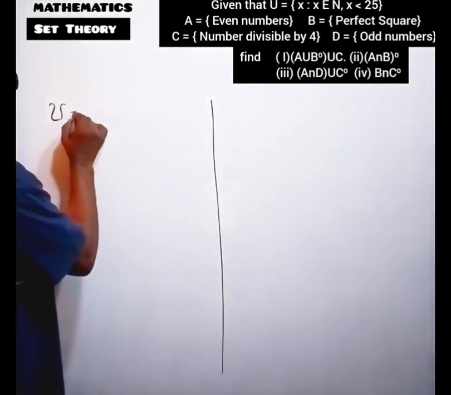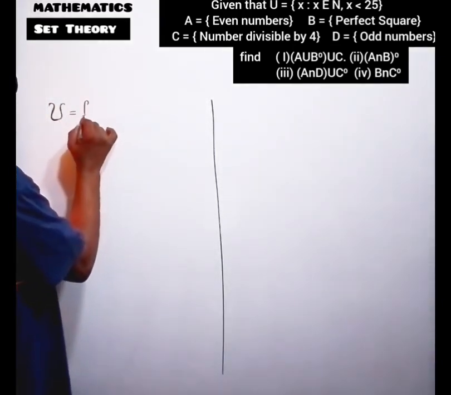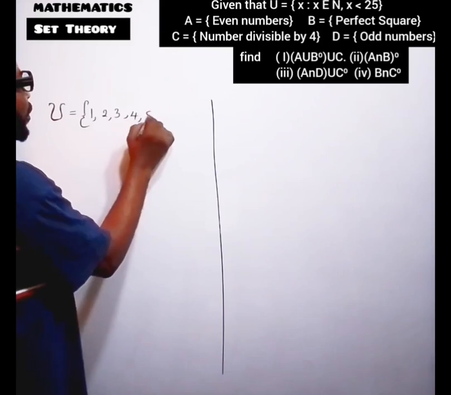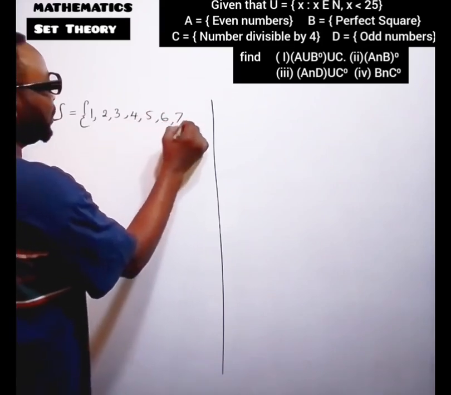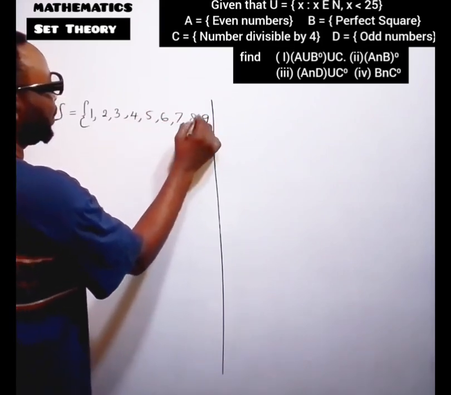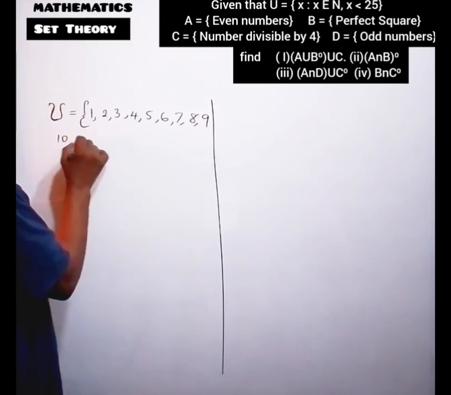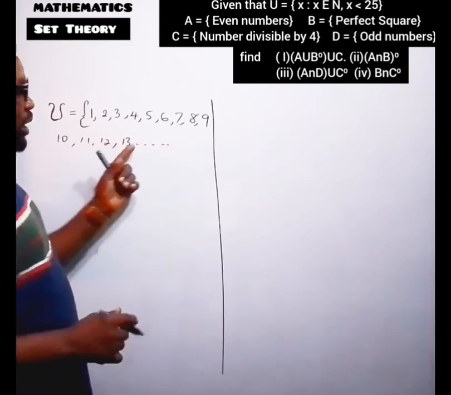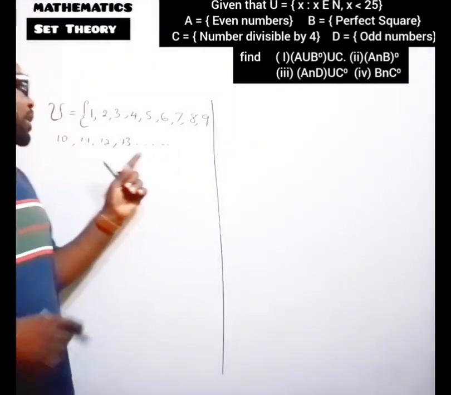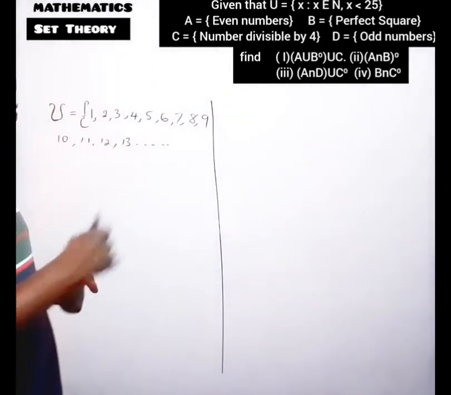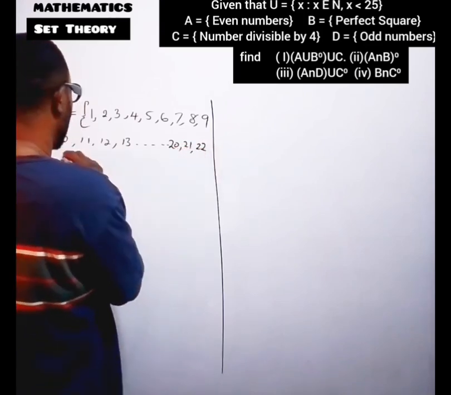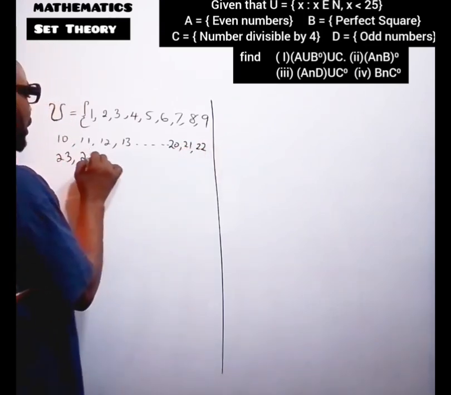Now, the value of this universal set will be 1, 2, 3, 4, 5, 6, 7, 8, 9, 10, 11, 12, 13, and you continue in that order to 20, 21, 22, 23, 24.